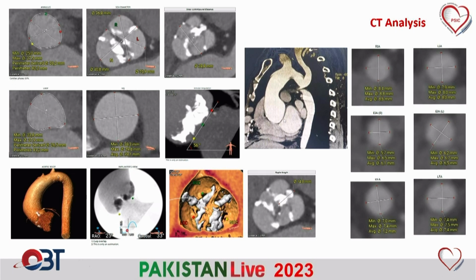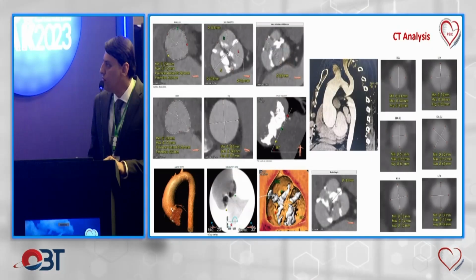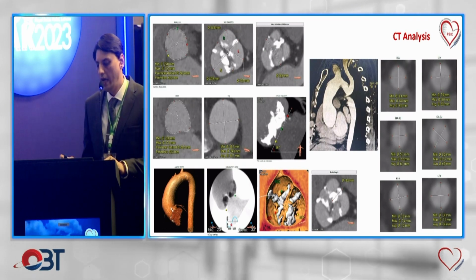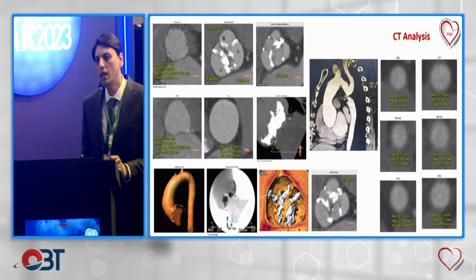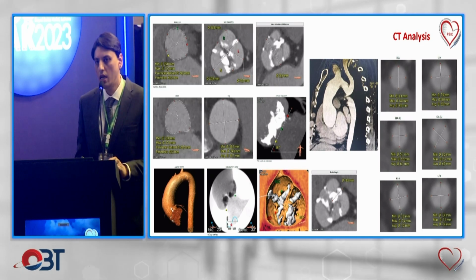As you can see lower down, it was a Sievers type 1 with the calcified raphe and the calcified commissure, so already a complex case. Annulus was 26 with a minor axis of 25, LVOT was 28, and intercommissural distance was 28, kind of a tubular anatomy that we were lucky in that case.